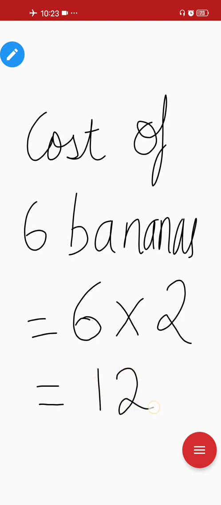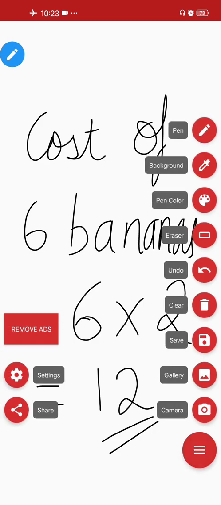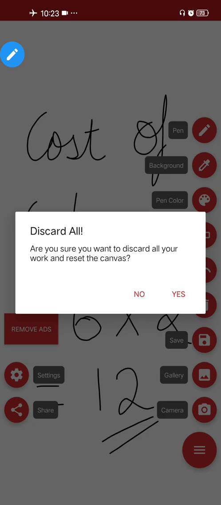So rupees 12 will be the cost of 6 bananas. This is how you do the unitary method. You always find out the cost of one, then afterwards you can find out the cost of any number of items.